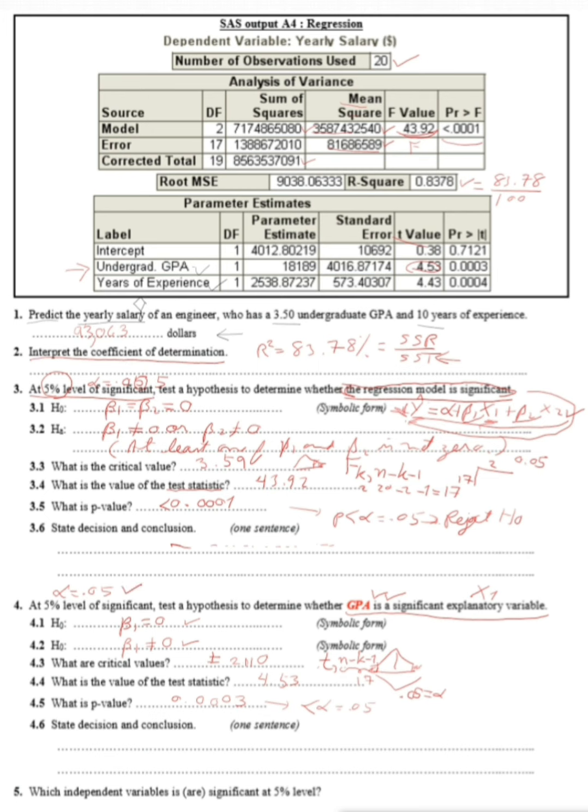Therefore, reject H0. H0 is false. HA is true. The null hypothesis is rejected, and the conclusion would be that HA is correct. That means beta 1 is not 0, x1 is significant. So you write the conclusion would be that GPA is a significant, significant means important, explanatory variable. That's it.